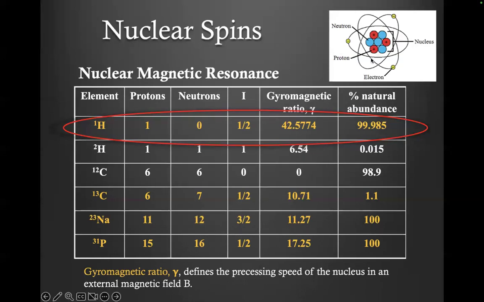The gyromagnetic ratio is a very important factor of these nuclear spins, and it defines how fast these nuclear spins spin inside an external magnetic field.